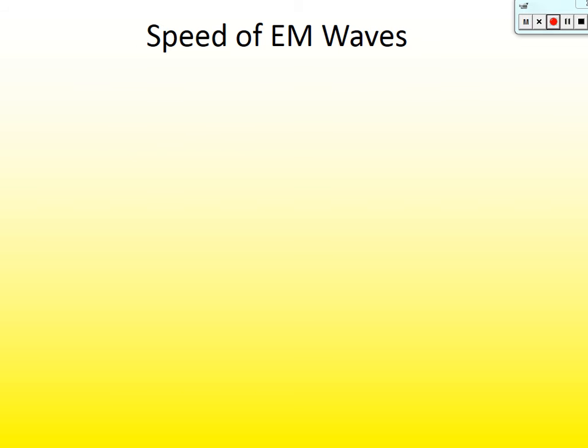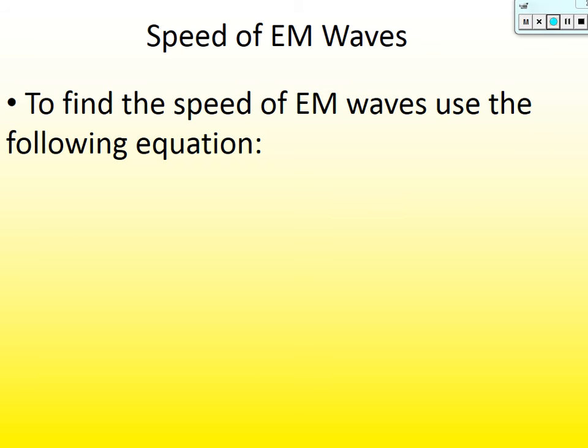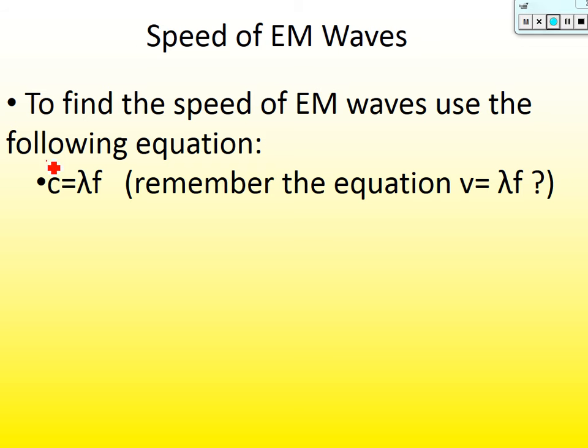So now let's move on and talk about the speed of these light waves, or EM waves. It says to find the speed of EM waves, use the following equation. Please write this down, okay? This equation right here is going to be very important today. So remember, the equation for the speed of a wave that we just got done talking about was v is equal to lambda times frequency, wavelength times frequency.